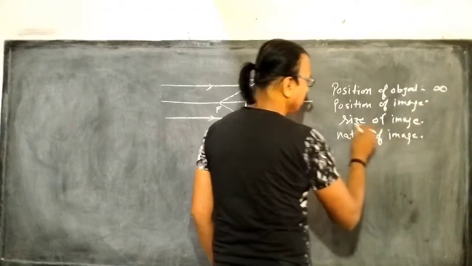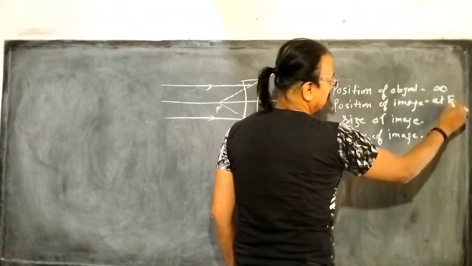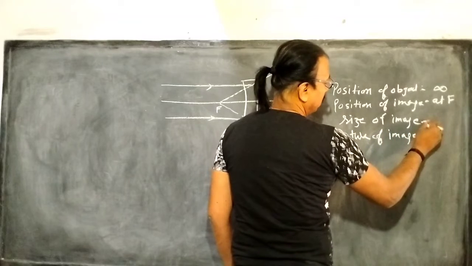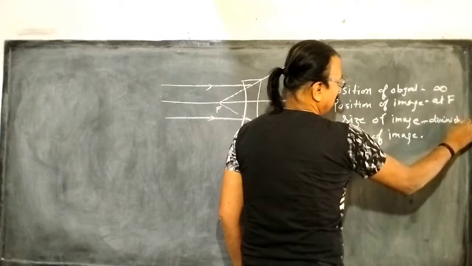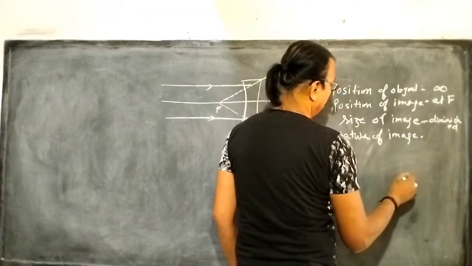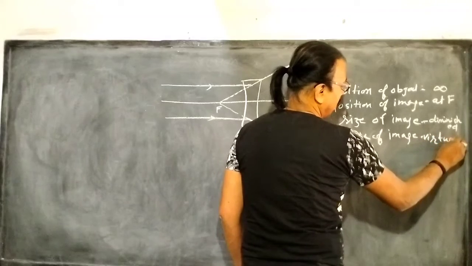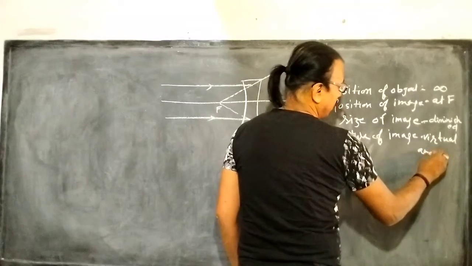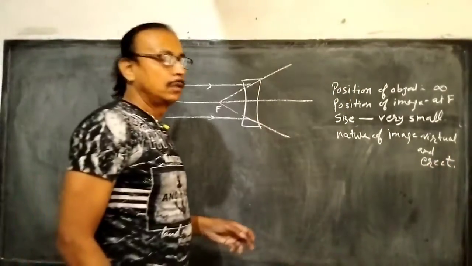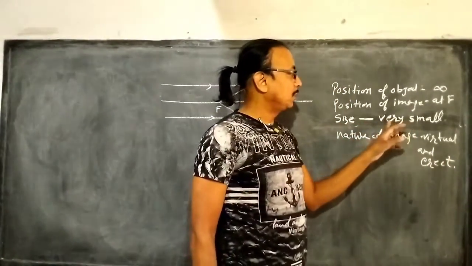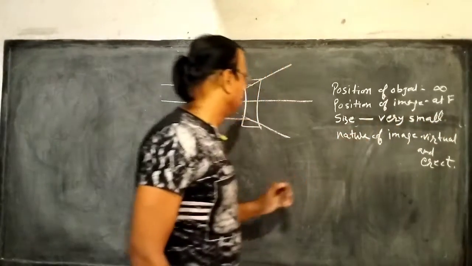Infinity, image at focus, size of image diminished, and nature of image virtual and erect. Here we can write diminished or very small. In place of diminished we can use very small also.